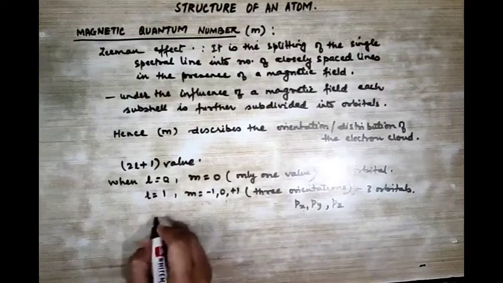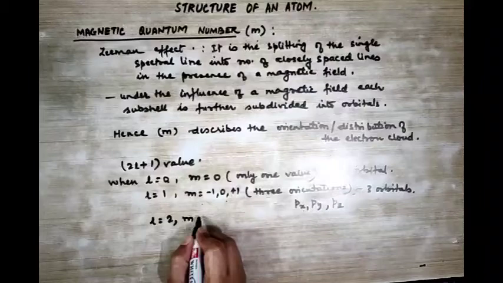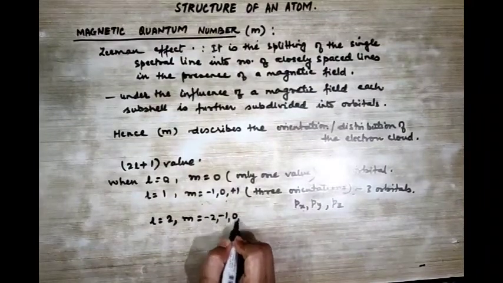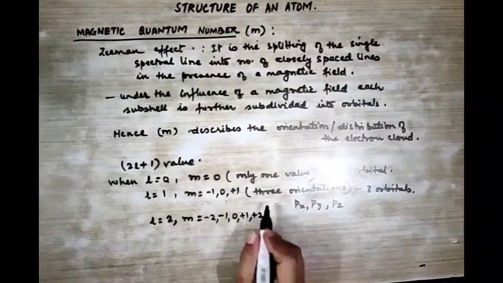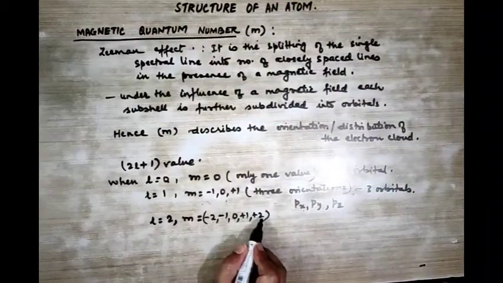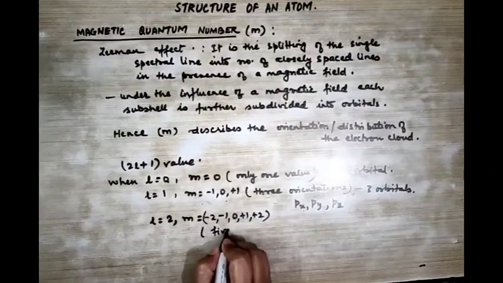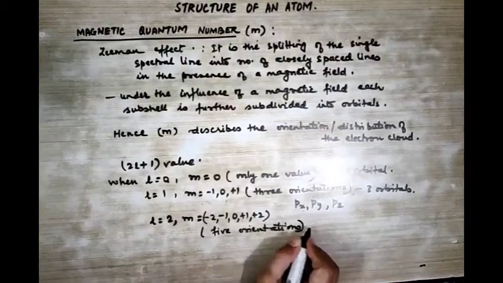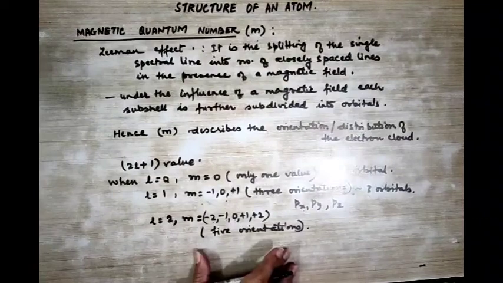Did you get that? So now if l is equal to 2, then what is m? m will be -2, -1, 0, +1 and +2. How many orientations? 1, 2, 3, 4, 5. So there are 5 values. That means 5 orientations. Is this clear? That means 5 orbitals are designated over here.